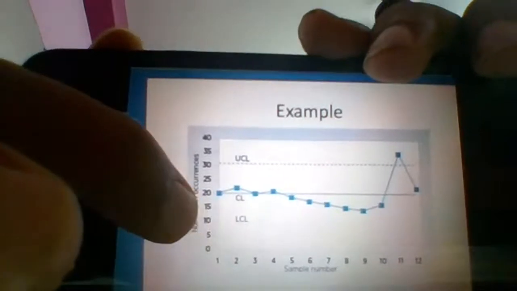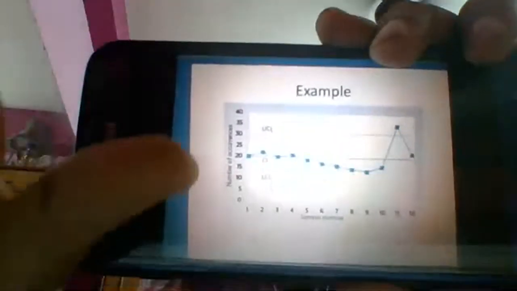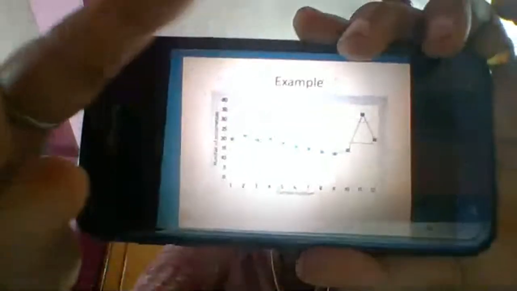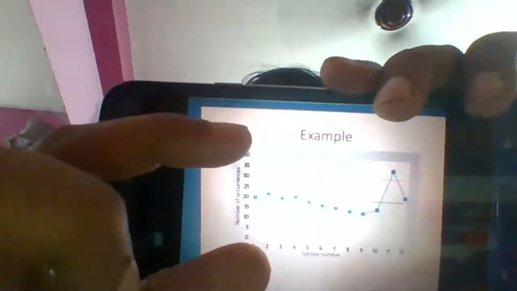It's assuming it is a normal distribution, just an inverted normal distribution. Two lines are creating upper and lower control limits of 3 sigma each.